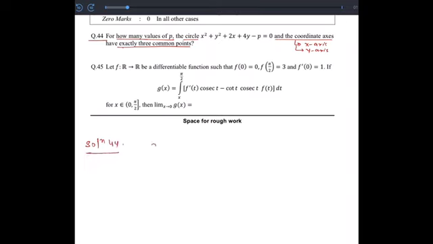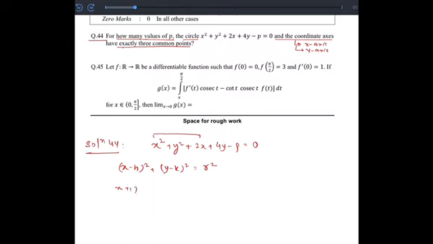So the equation of the circle is given as x square plus y square plus 2x plus 4y minus p equals to 0. Now we can write this equation in this form. So we will club x square and 2x.